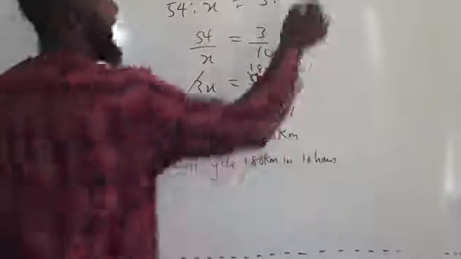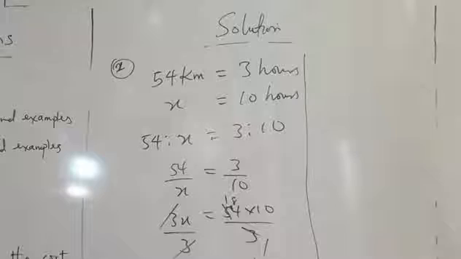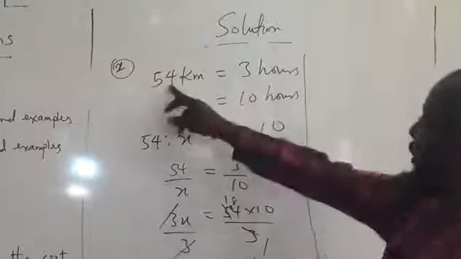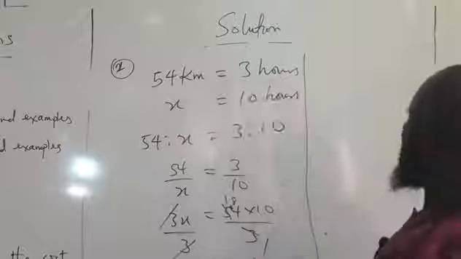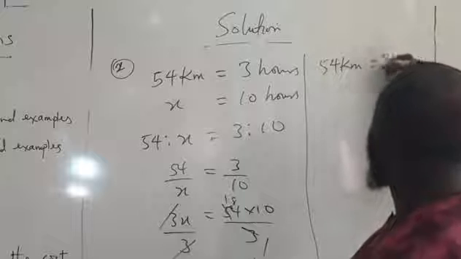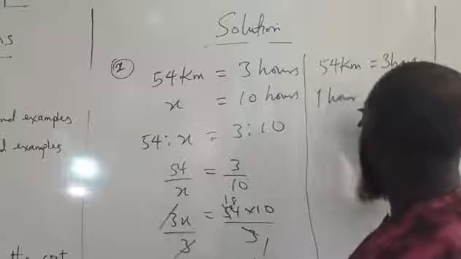So let's now see the unitary method. Since the boy cycled 54 kilometers in 3 hours, in 1 hour, how many kilometers will he cycle?